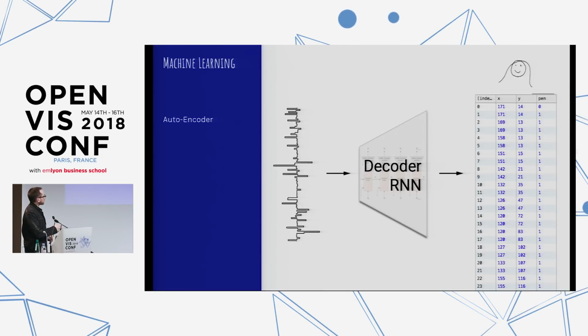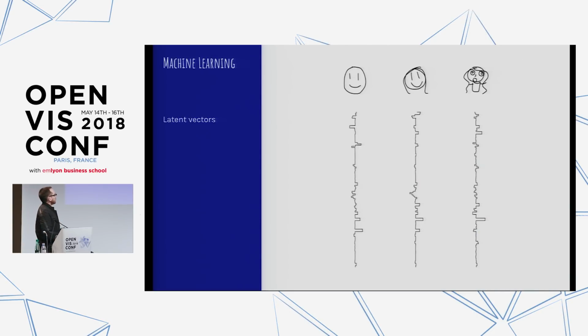And it's this squiggle here, this encoded data, that is the key to our technique. We call this a latent vector. What we can do is extract the latent vector for any of our drawings. We can even get new drawings and get a latent vector for one of those.